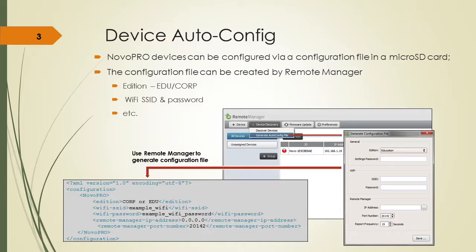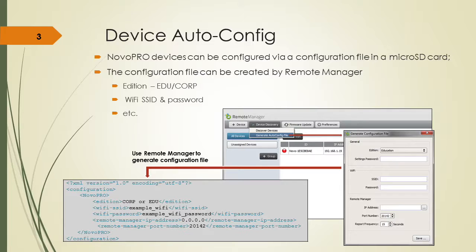However, in a large-scale deployment, utilizing Device Auto-Config is an ideal solution to help you avoid this labor-intensive process. Basically, Novo Pro can be configured in a way that it reports its status to Remote Manager software automatically, which makes device discovery over the network an easy task.